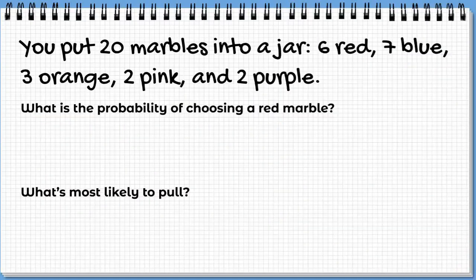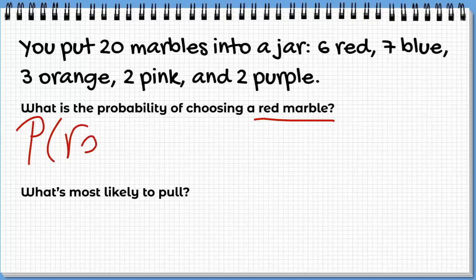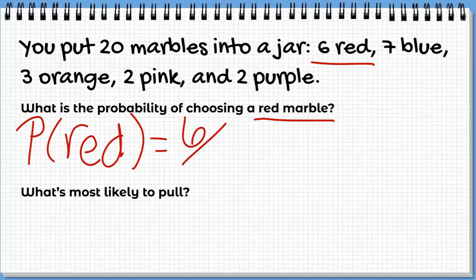So now we have some marbles in a jar. We have 6 red, we have 7 blue, 3 orange, 2 pink, and 2 purple. We want the probability of choosing a red. Well, when I look, I see that I was given 6 red. So that is 6 out of, and I need to see how many total I have.